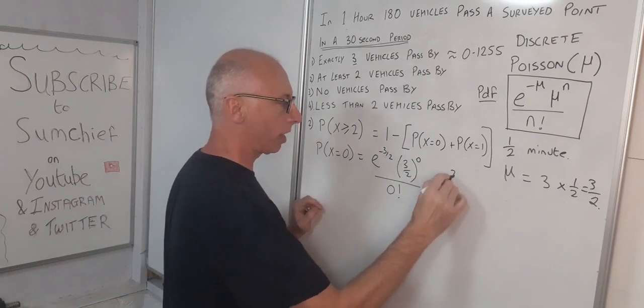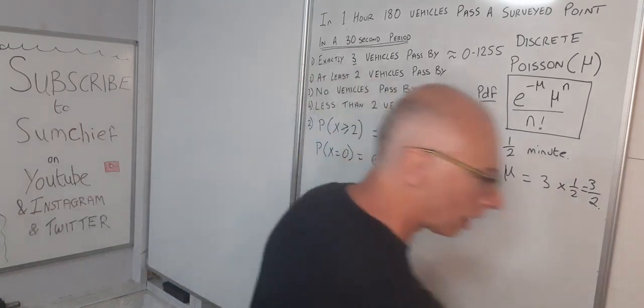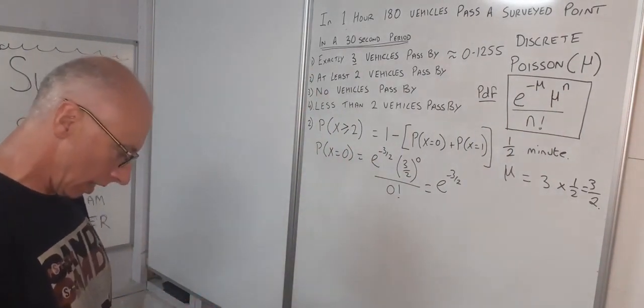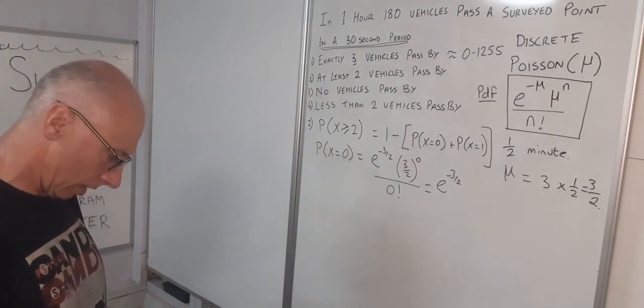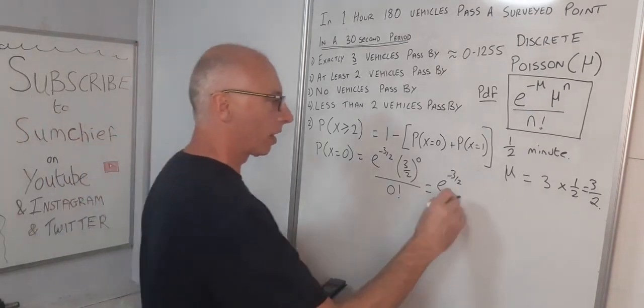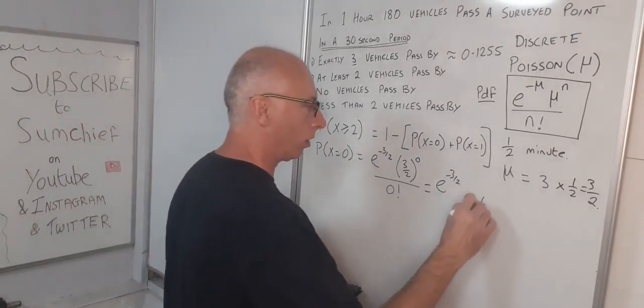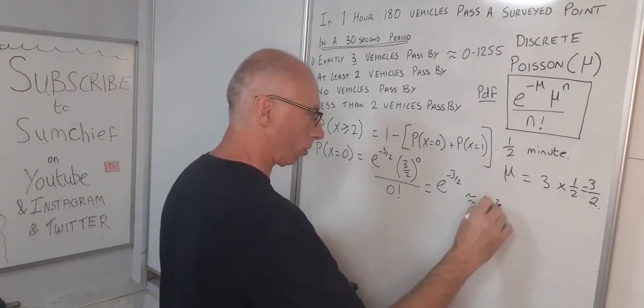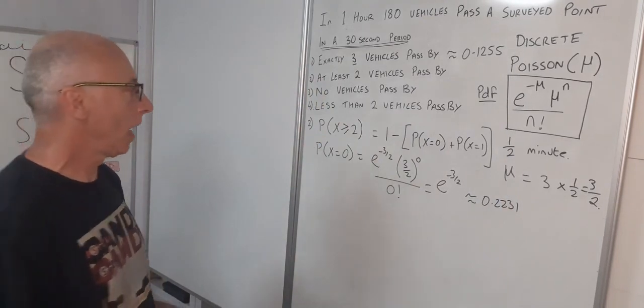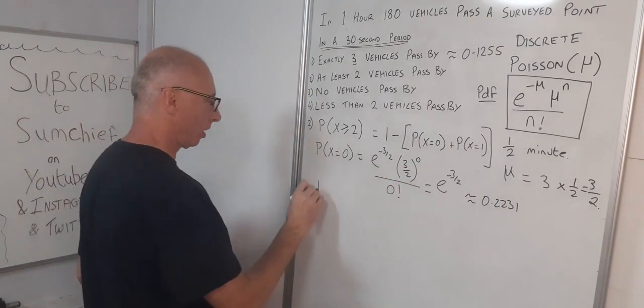So now we've got e to the minus 3 over 2. Type this into our calculator. E to the minus 3 over 2. That's going to give us approximately 0.2231, 4 decimal places.